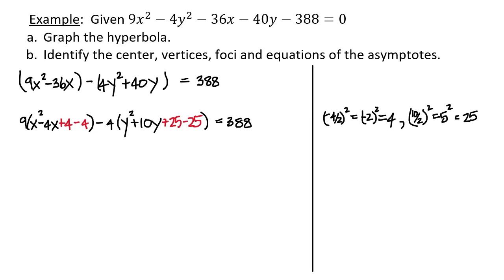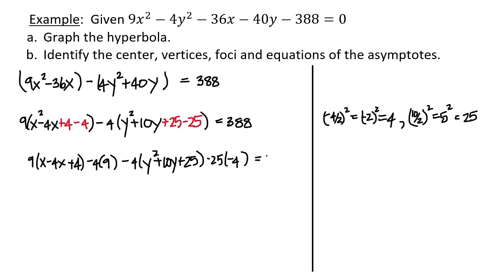Now I'm going to isolate the perfect squares. So that is 9 times x squared minus 4x plus 4 minus 4 multiplied by 9. Then I have minus 4 times y squared plus 10y plus 25 minus 25 multiplied by -4, and all of that equals 388.